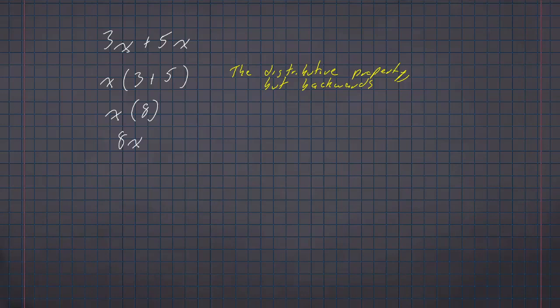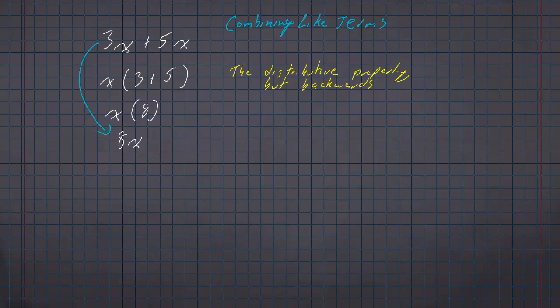Once you see how this works, I generally expect that writing things out, you will see something like 3x plus 5x and be able to immediately say, oh, that's 8x, without writing out the intermediate steps. This is one of the most important tools in all of mathematics, so it's been given a fairly straightforward name.